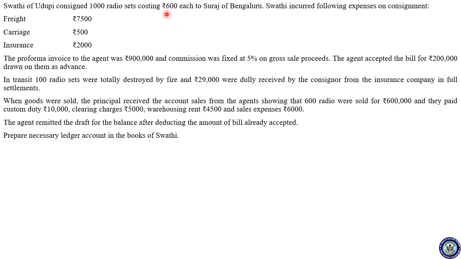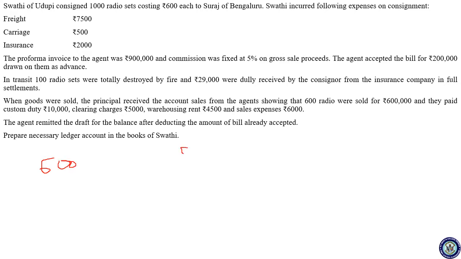So one radio set cost 600 each, and here they have given the pro forma invoice to the agent was 9 lakh. It means one radio set cost rupees 600, correct?